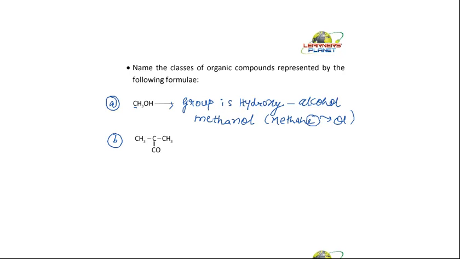Now the second question, which group is there? This is a ketone group. I told you what it is, that is C double bond O with R and R. Okay? So which group is there? This is a ketone or a carbonyl group, right?